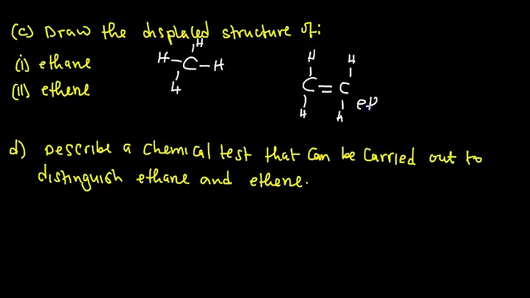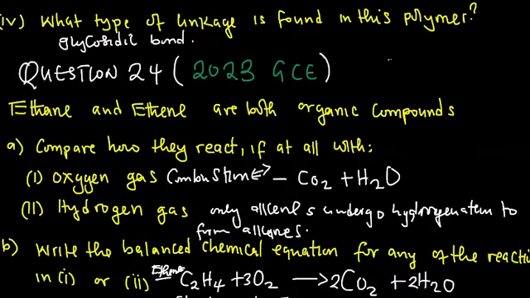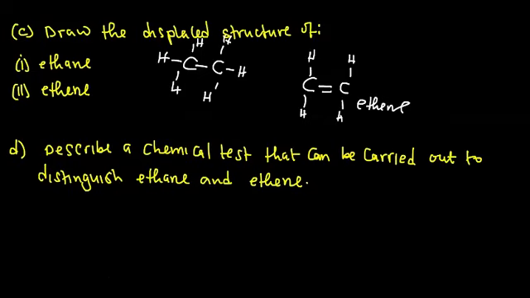So this is the ethene. Okay, so this is not, this is methane. So ethane is like this. Okay, ethane is like this. Let us go back on this one. Okay, there was no displayed structure. Okay, so they are like this. So this is the ethane.